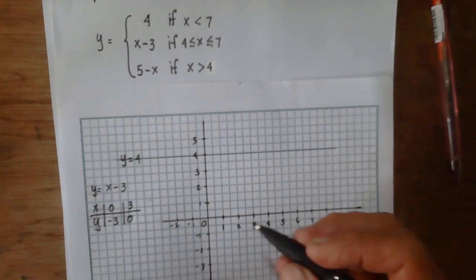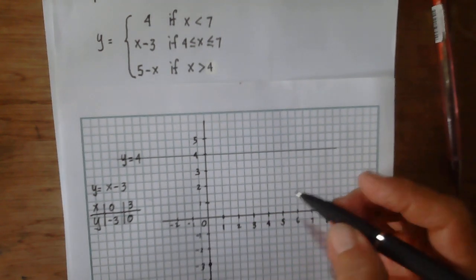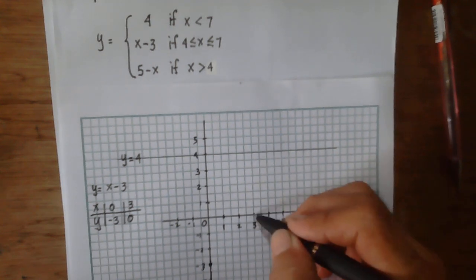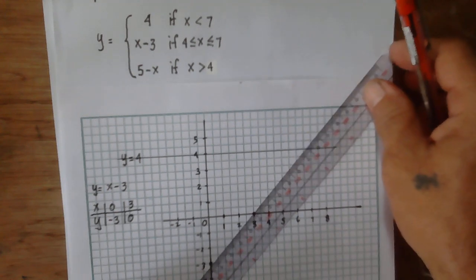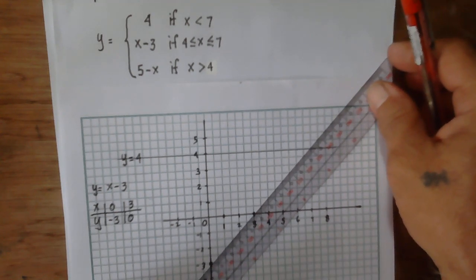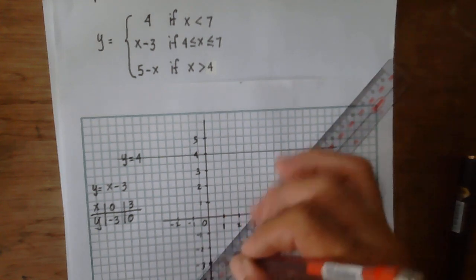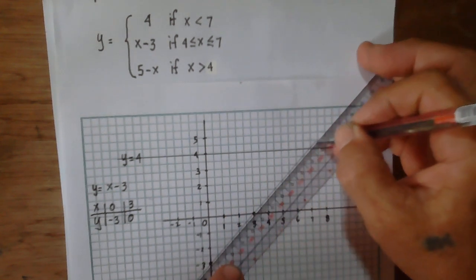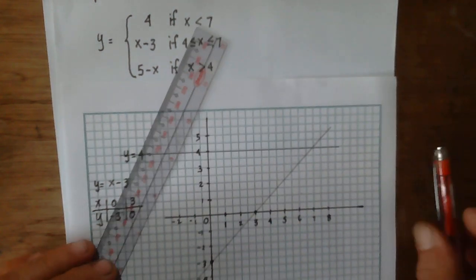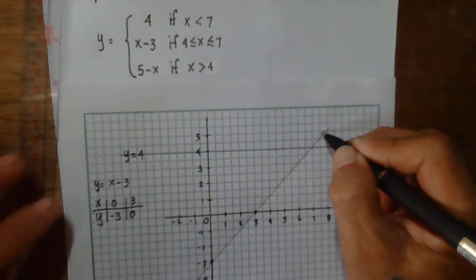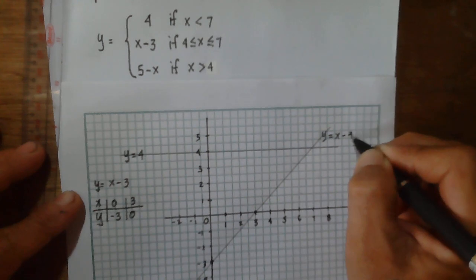When x is 0, y is equal to negative 3. So, here it is. And then when y is 0, x is equal to 3. And then we draw the line corresponding to the table of values, or we draw the line of this linear equation. And then we mark: this is the line for y is equal to x minus 3.